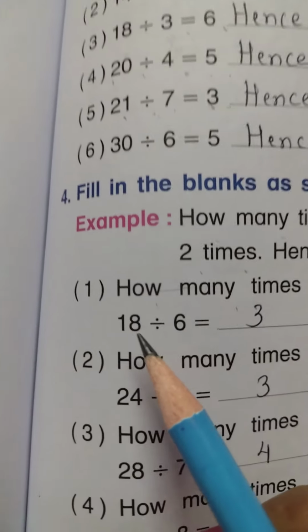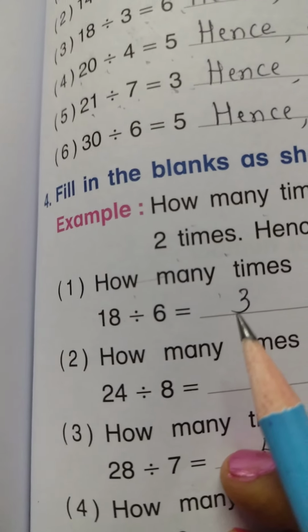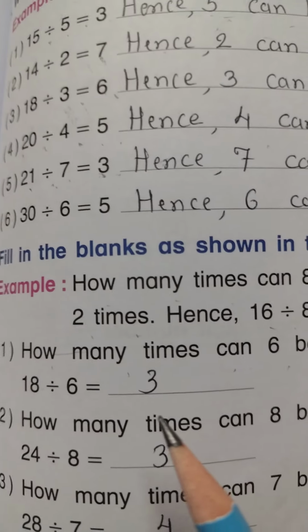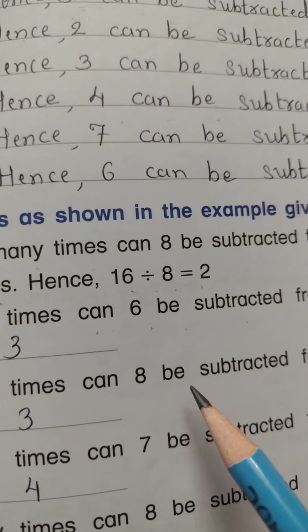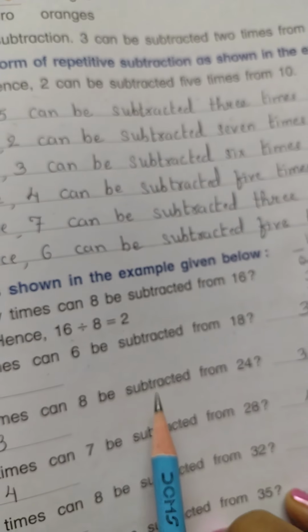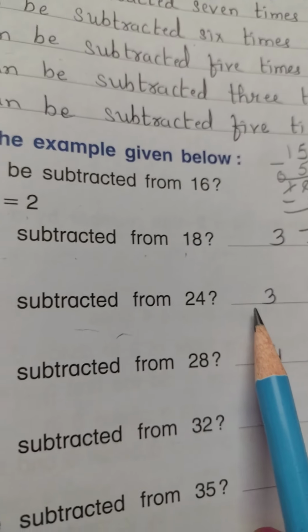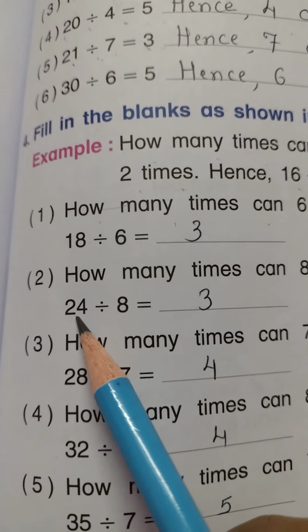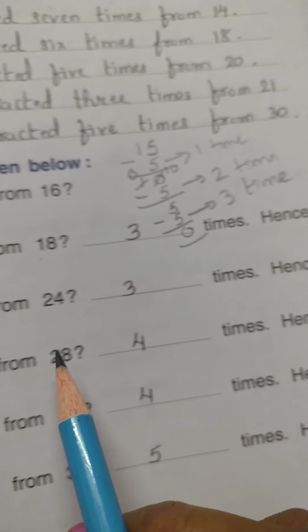Look here, 18 divided by 6, you will get 3. So, how many times? 3 times. How many times can 8 be subtracted from 24? Then it will be 3 times. 24 divided by 8 is equal to 3.